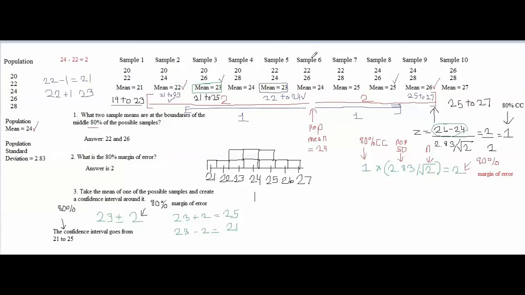The mean of two of the samples is 24, because the mean of sample 4 is 24, and the mean of sample 6 is 24. The 24 is actually the population mean. So we'll label the population mean right here. These just happen to be two samples that have a mean equal to the population mean.